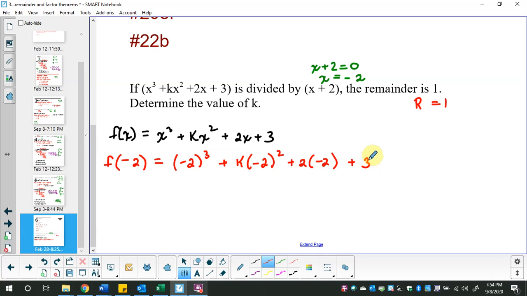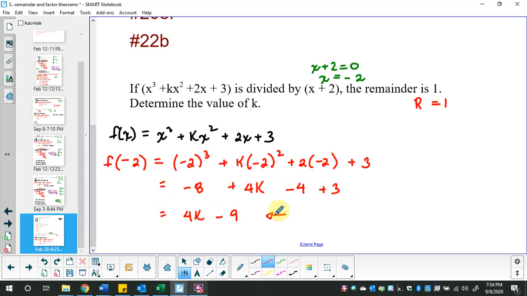So if the polynomial is divided by x plus 2, the remainder is 1, we need to figure out the value of k. So I'm going to keep going and make this as pretty as possible. So that's -8. This is k times 4, so I'm going to say 4k minus 4 plus 3. I can make this look even prettier. So 4k, -12, -9.